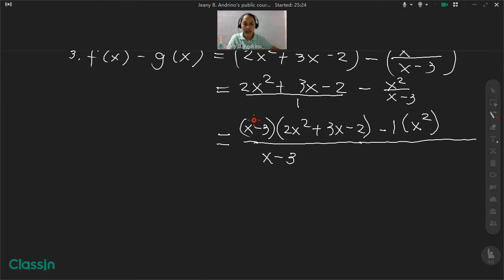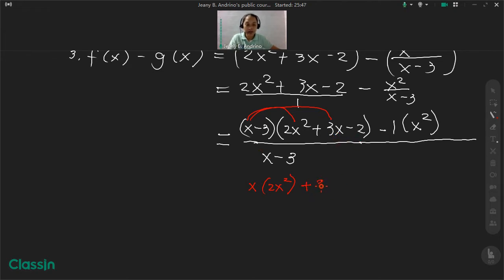So first, we distribute x to your 2x squared. So we can have x times 2x squared here. And then we go for distributing x to our 3x. So again, that's positive. And this is also with a plus. That's positive. So this is now plus x times 3x.